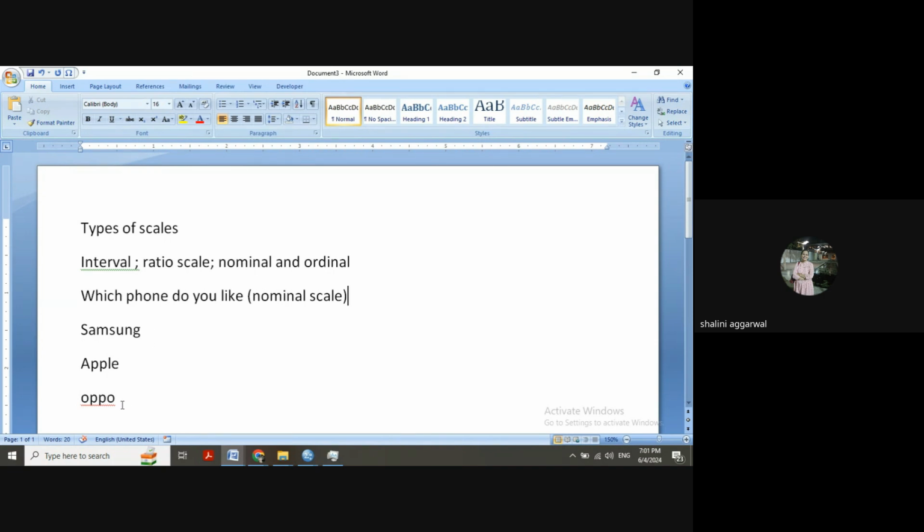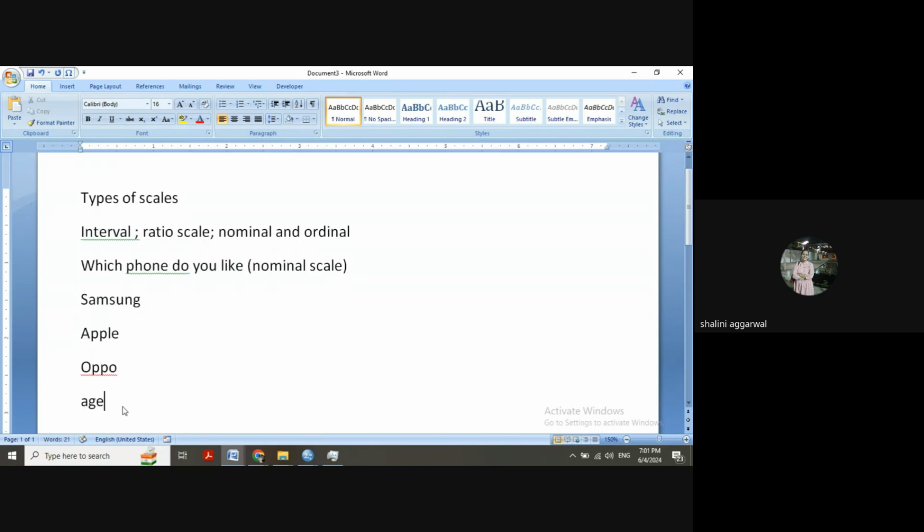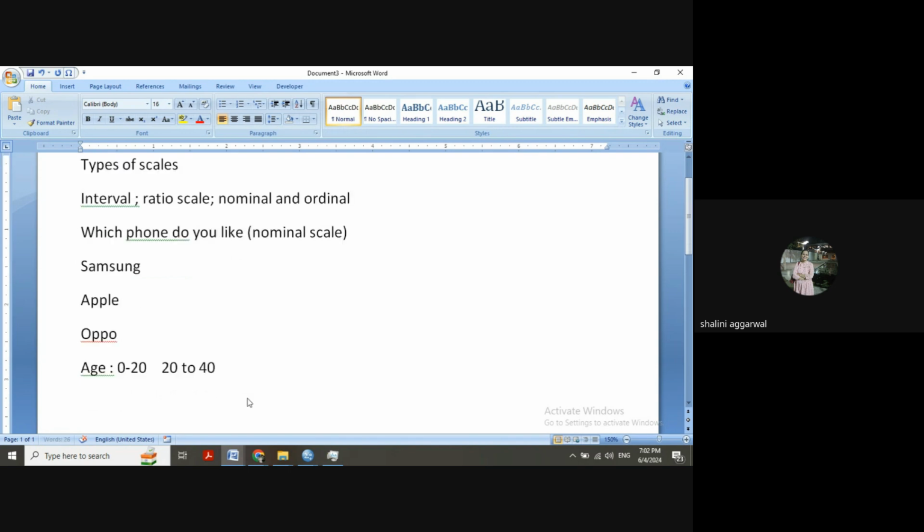Here, it is not important the sequence. Like you can put all these things in any sequence you like, right? The sequence is not important. Even if we talk about, let's say, age is between 0 to 20, 20 to 40, right? So this is also an example of a nominal scale.